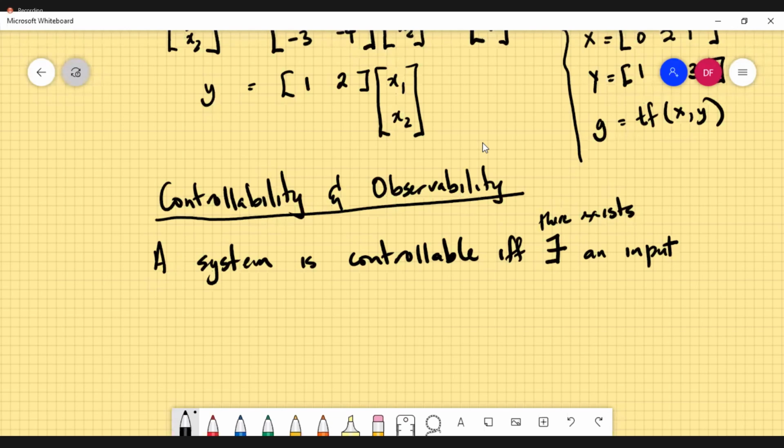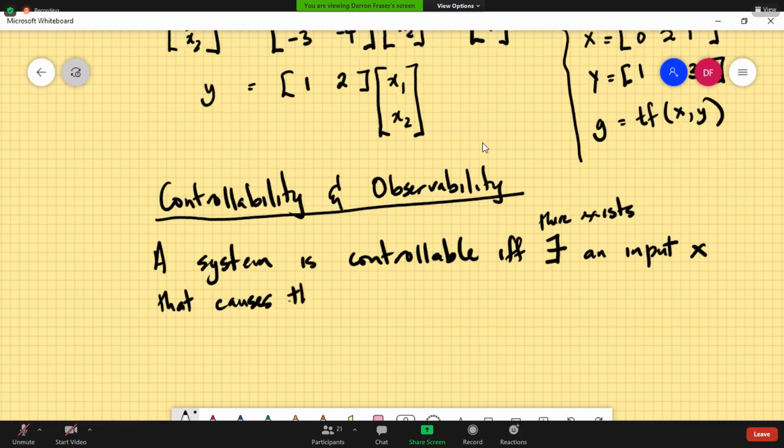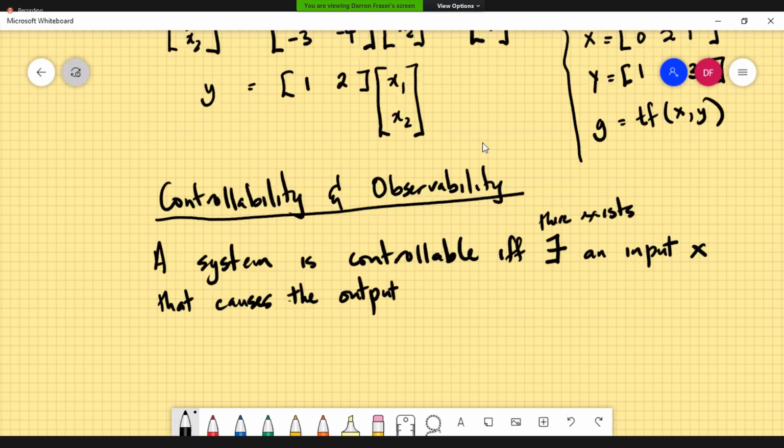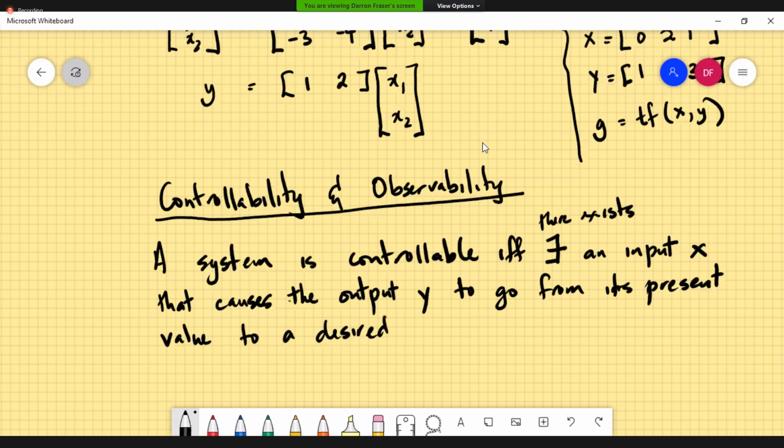So it's controllable if there's an input, which we're going to call U, that causes the output Y to go from its present value to a desired value in a finite time t.